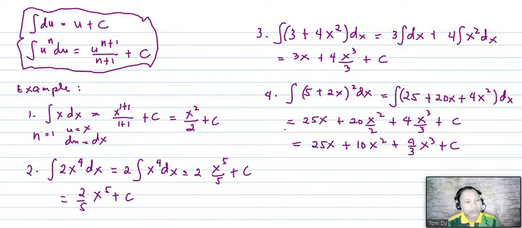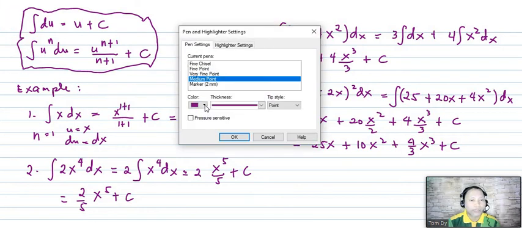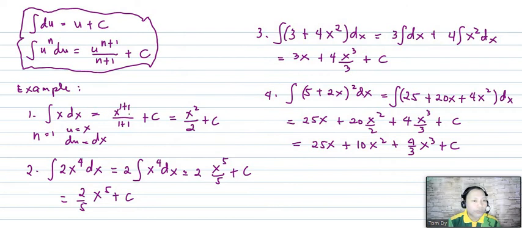Okay, now notice this one. If you have noticed, try to look at number 1. I will change first the color of my pen. In number 1, our final answer is x squared over 2 plus c.